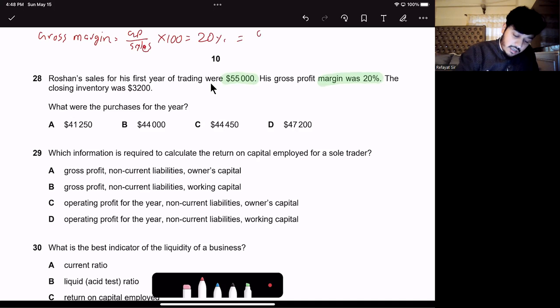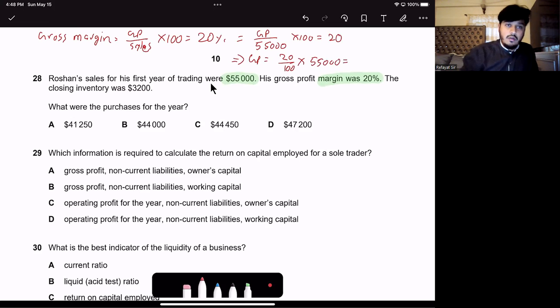So we can write gross profit divided by sales into 100 equals 20%. So your gross profit will be 20 by 100 into 55,000. And that will give you a gross profit of 11,000.